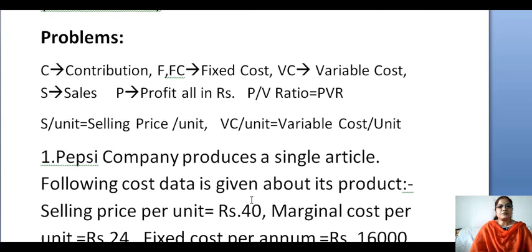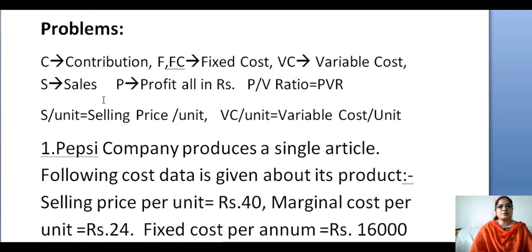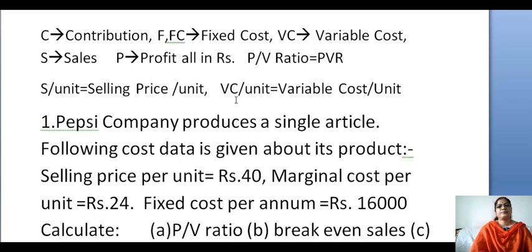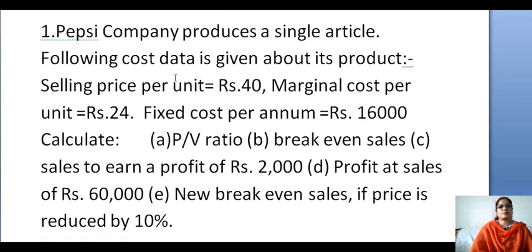So let us start with the problems now. These are the symbols used. You can make out on the screen. There are few symbols with their meanings and we are already familiar with all these. Now let us come to the first problem. Pepsi company produces a single article. Following cost data is given about its product. Selling price per unit equals rupees 40.